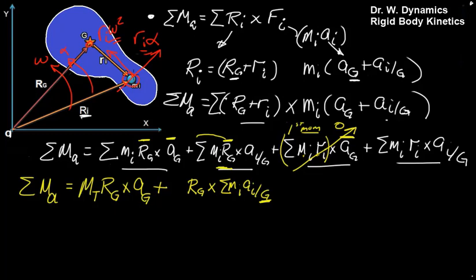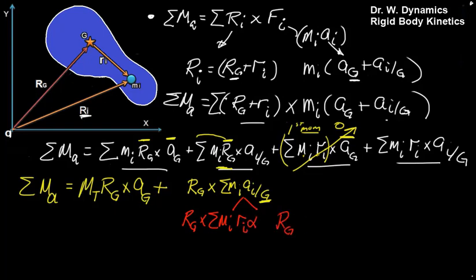Knowing that, this will split up into 2 terms, which will be Rg cross the sum of the Mi Ri alphas, and the other one would be Rg crossed with Mi Ri omega squareds.